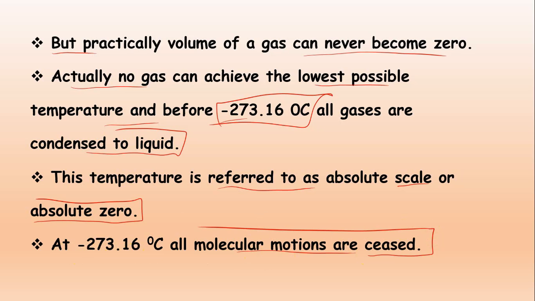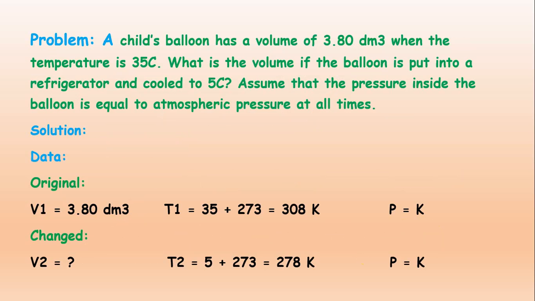Now we are moving to solve the problem related to this one. A child's balloon has a volume of 3.8 dm cube when the temperature is 35 degrees Celsius.